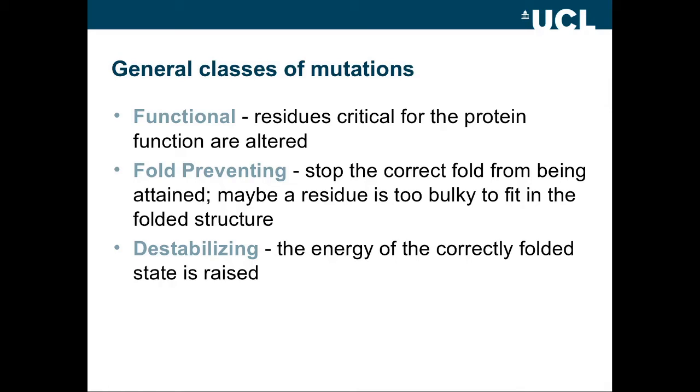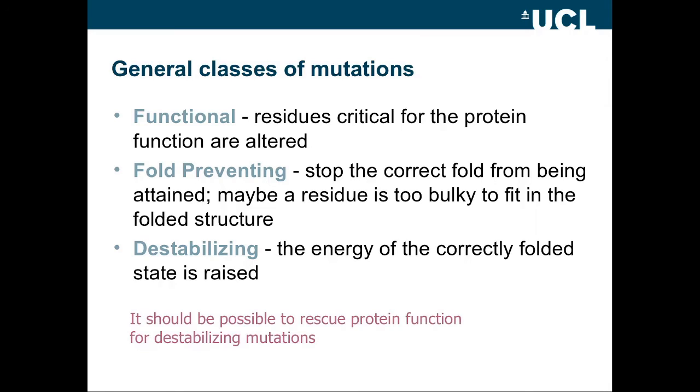The third category is really the most interesting because these are destabilizing mutations. So they don't stop you from folding up the protein in the correct way, and they're not affecting the function directly, but the energy of the correctly folded state is raised compared with some misfolded or unfolded state.